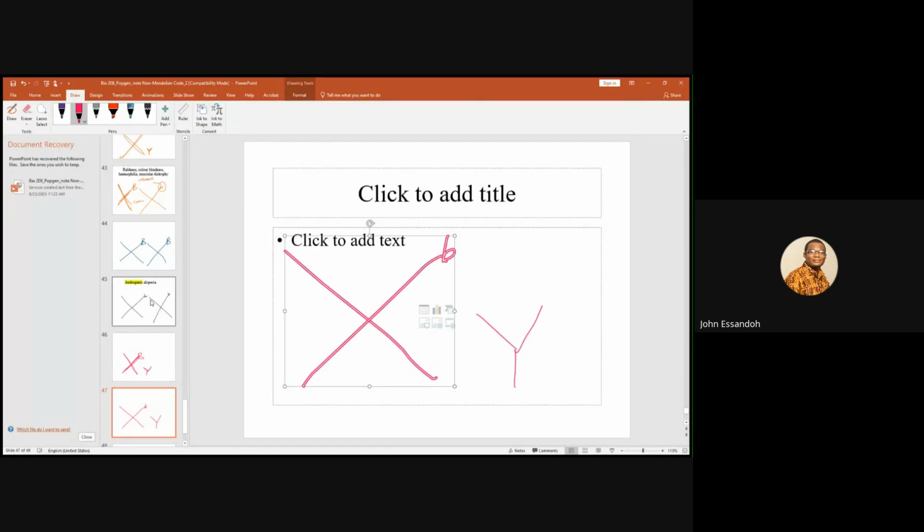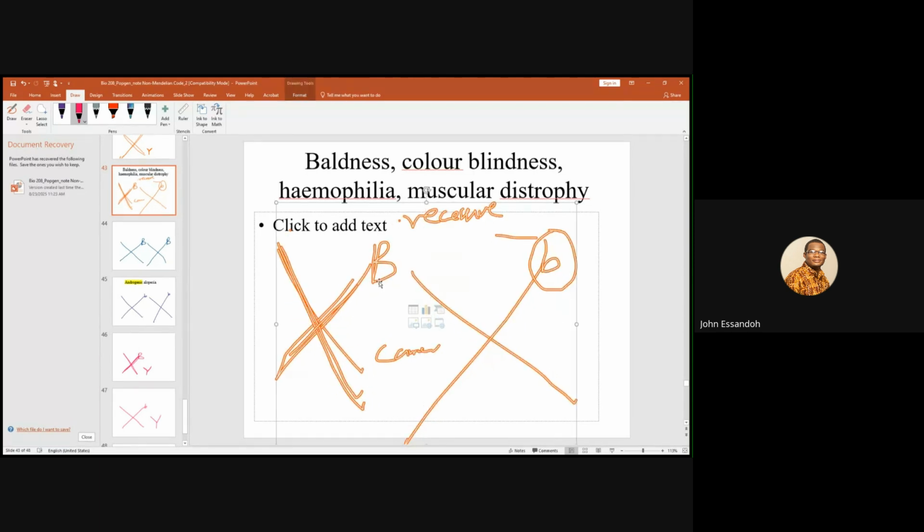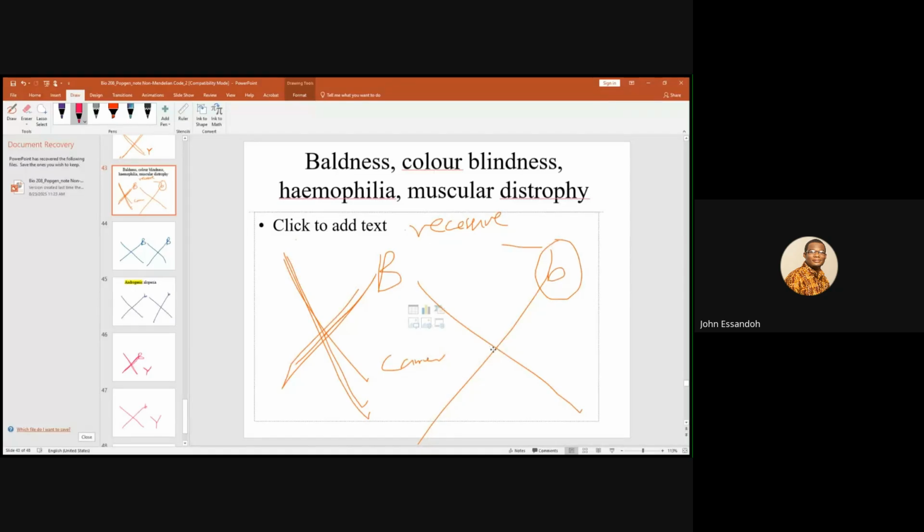But your mom has the normal one, the counter one, from your maternal grandmother. So your mom is this, and she can pass this one or this one to you. Once your mom is a carrier, you, the son, have a 50% chance of having it, and your dad is even normal.